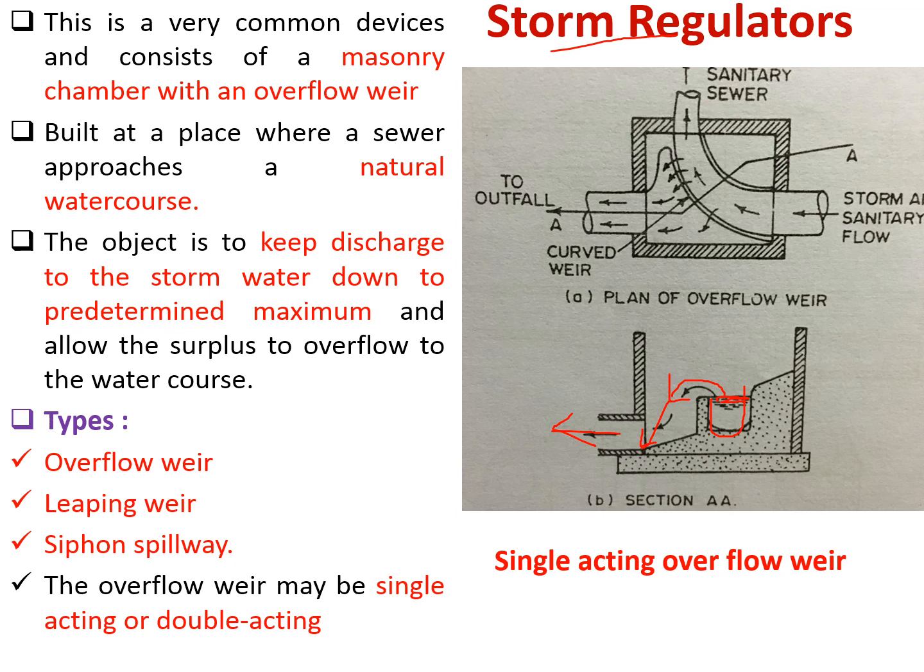This is called the single acting overflow weir. There are three types: overflow weir, which will just overflow; next is lipping weir; next is siphon spillway. The overflow weir may be single acting or double acting. This is the figure of single acting, because it is overflowing from one direction only.